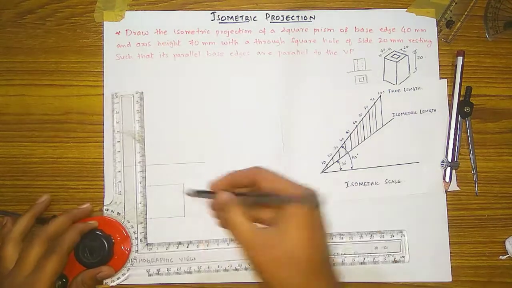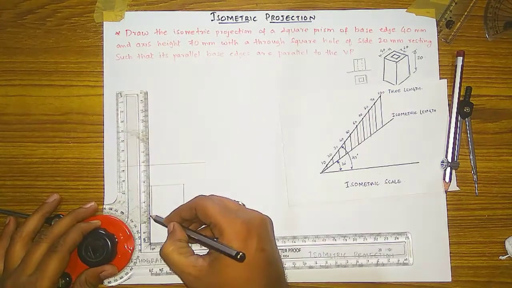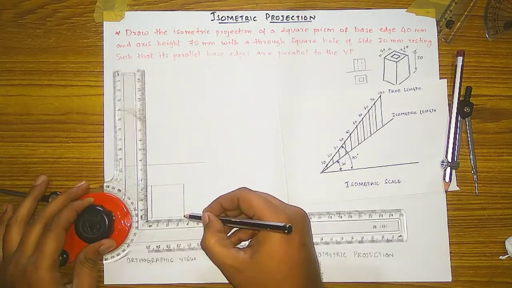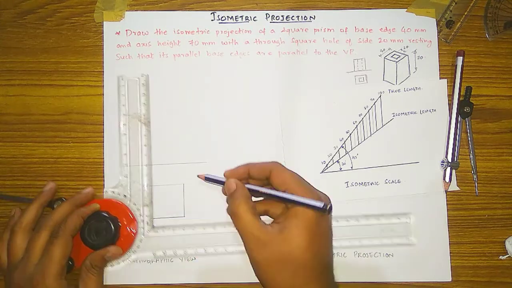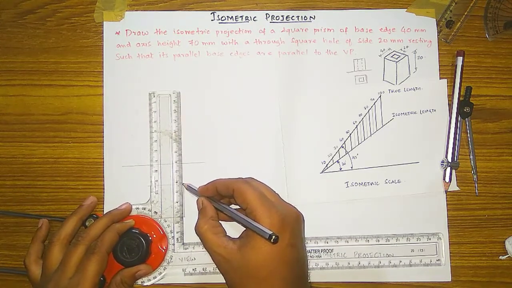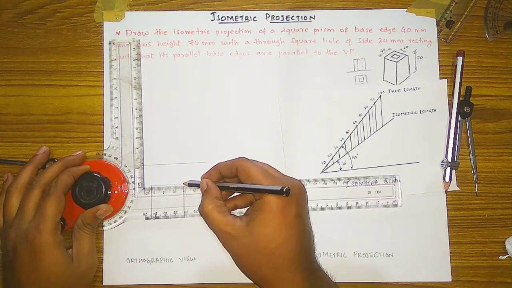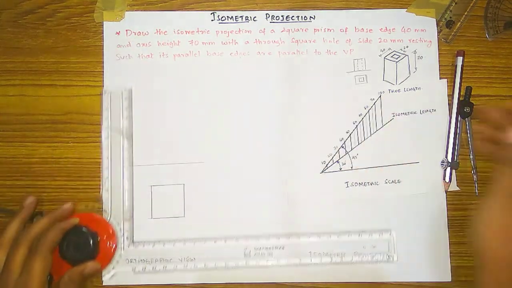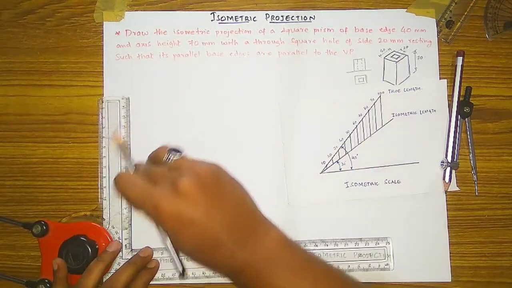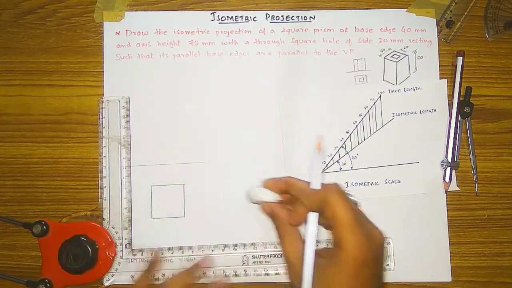Your square of isometric length, for the given 40 mm, has been created. Then the remaining lines you can rub out.